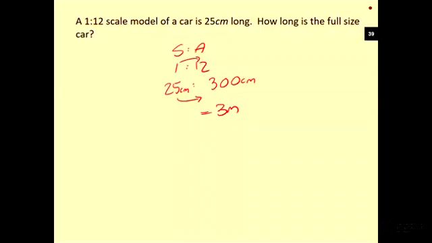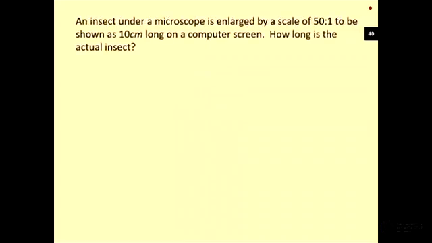Last one then. An insect under a microscope. Okay, yep, they're the other way around. Doesn't really affect the way I approach the problem. It's 50 to 1. 10 centimetres long on a computer screen isn't the real life thing, it's the scale thing. Here again, we can see that actual life is divided by 50.